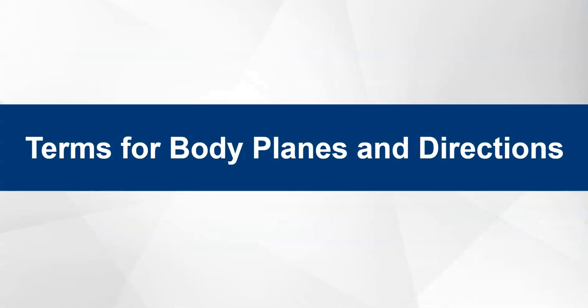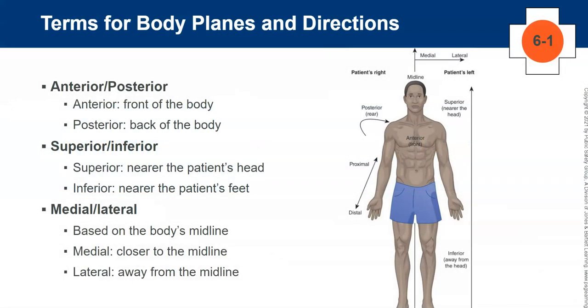Anatomical terms begin with straightforward terms for body planes and directions. We can think of the body as being divided or split along 3 axes. If I was to slice the body right down the middle, through the ears and the shoulders and the hips and down through both knees, the front of the body we say is anterior and the back is posterior.